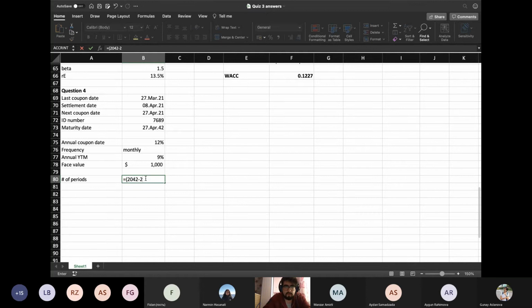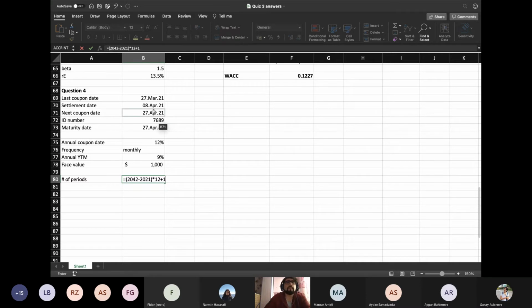2042 minus 2041, 21, multiplied by 12, because we have 12 months in a year, plus 1. Why plus 1?